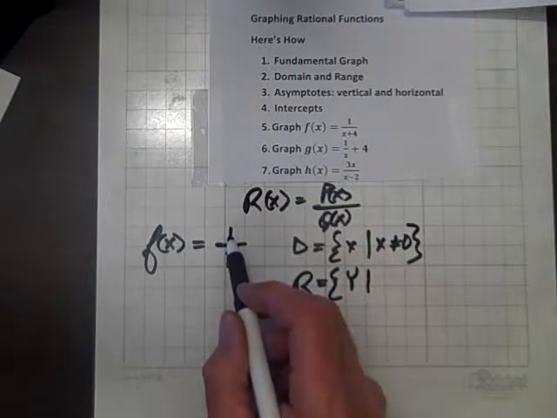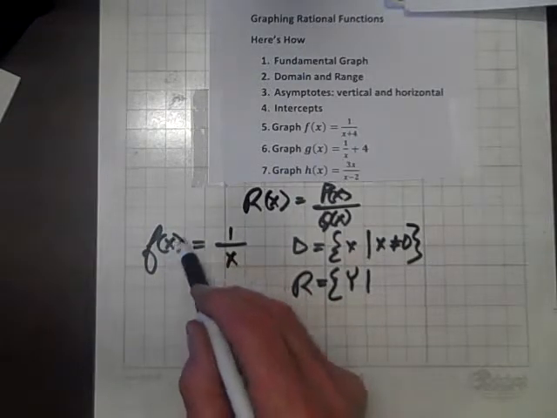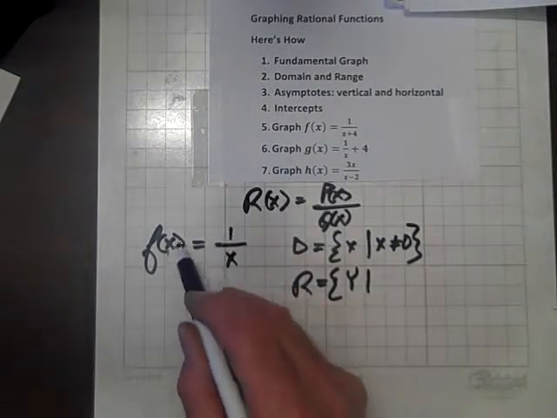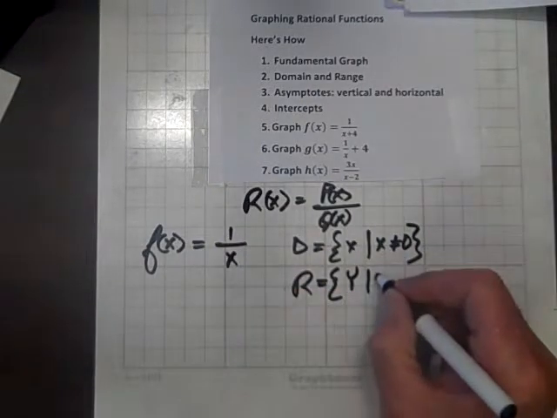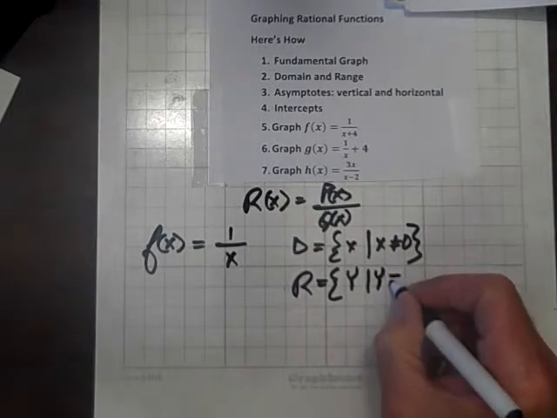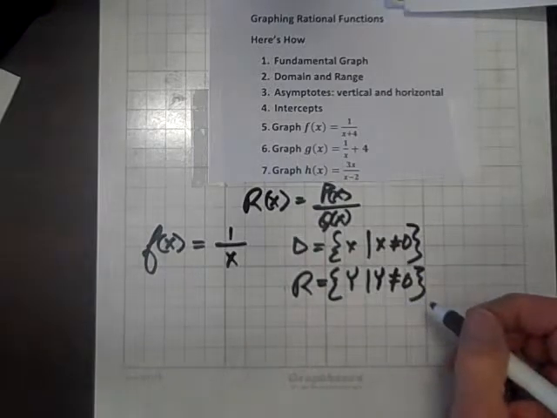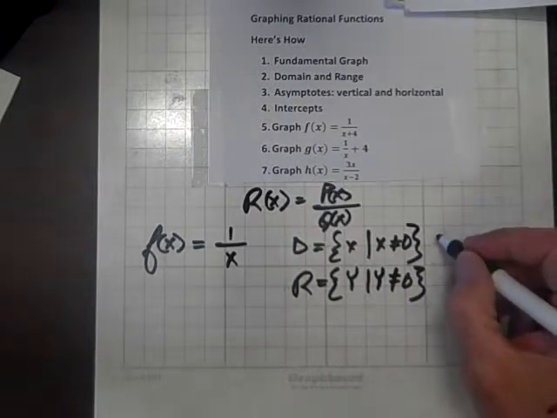The only way f of x could be 0 is if the numerator can be 0. Since the numerator is 1, f of x can never be 0, so y, which equals f of x, can never be 0. Now let's talk about the vertical asymptotes.